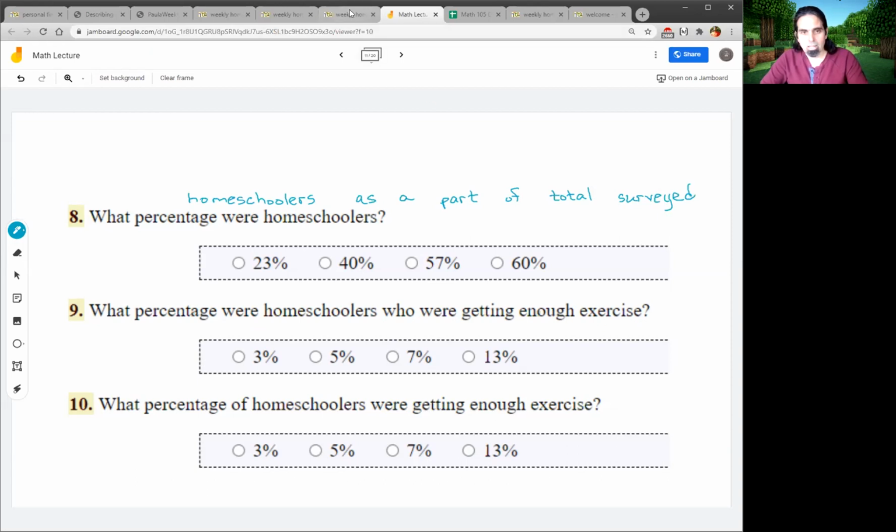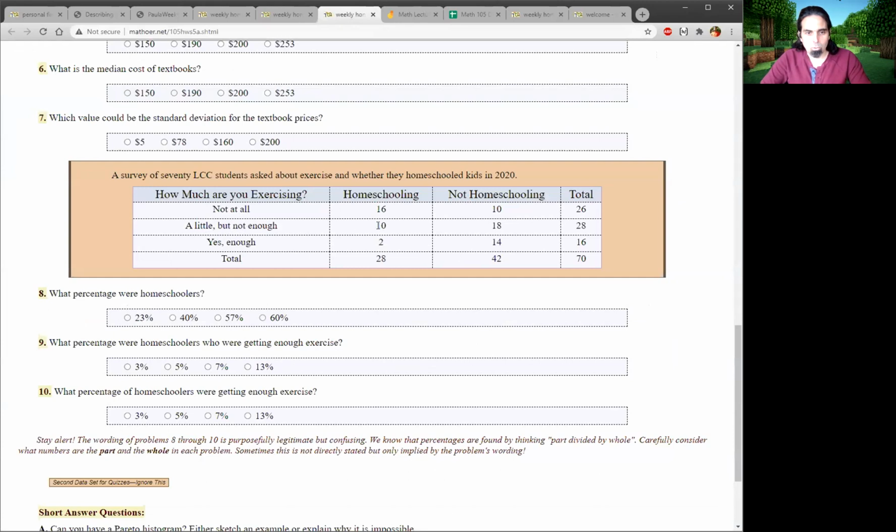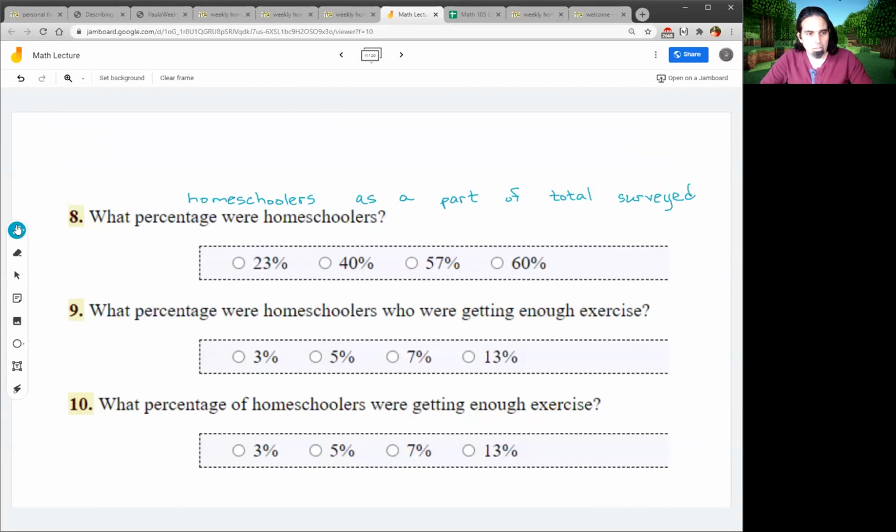Then you had to look at the ones that were both homeschooling and getting enough exercise, and that's your part. And the total was all of them that were homeschooling. If we wanted to be clear, we would have reworded number 8, what percentage of those surveyed were homeschoolers.